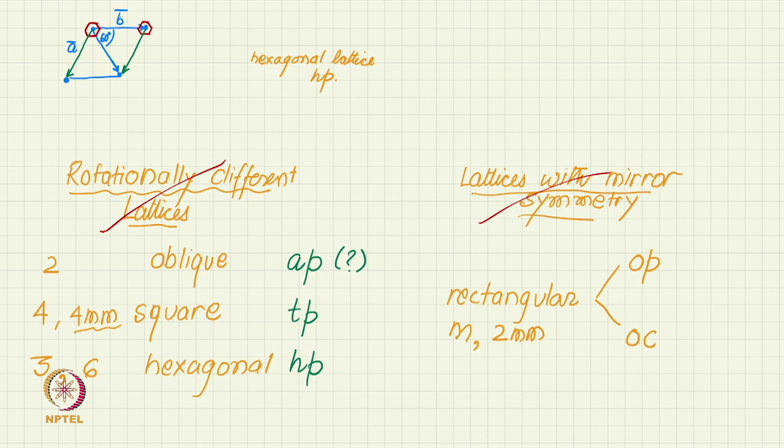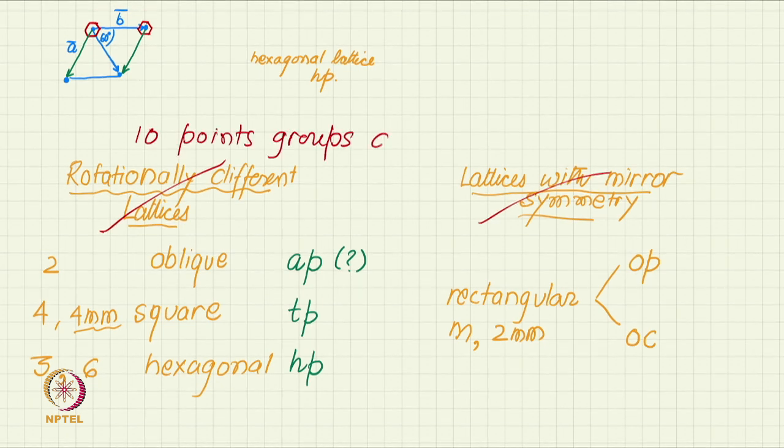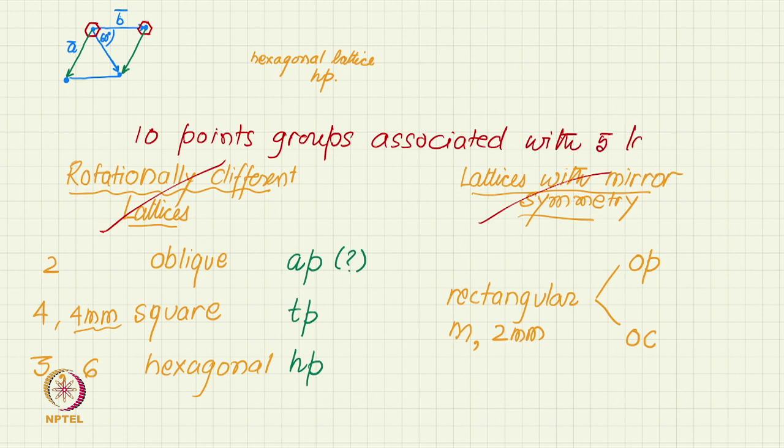Let us just distribute the 10 point groups. So the heading should be 10 point groups associated with 5 lattices. I think that seems more reasonable. So 4 mm will go to a square, then 3 mm and 6 mm will come to hexagonal.